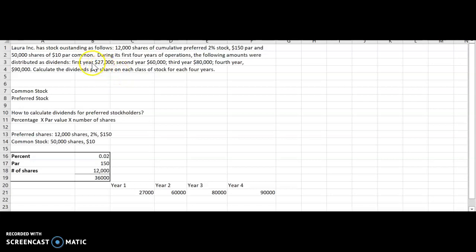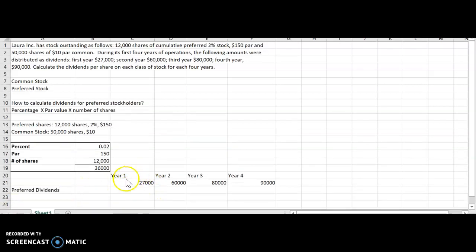It says in the paragraph that year 1 we paid $27,000, year 2 we paid $60,000, year 3 $80,000, and year 4 $90,000 of cash dividends. So this is the total dividends paid. So the question is, who gets what?